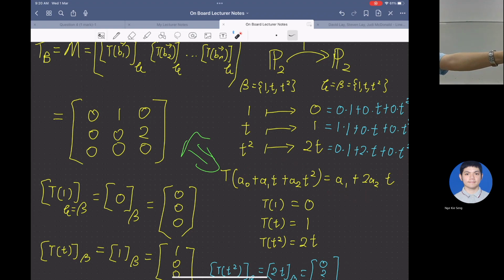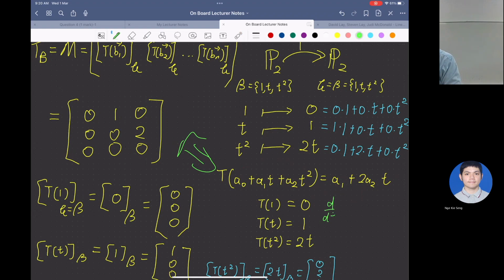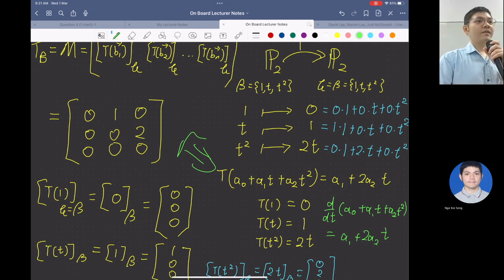Derivative, yes. You differentiate with respect to t, and what do you get? a1 plus 2 a2 t. So the derivative you can write as a matrix, if you express it in the right basis. So you can use a computer to calculate differentiation, just using a matrix if you have the right basis.